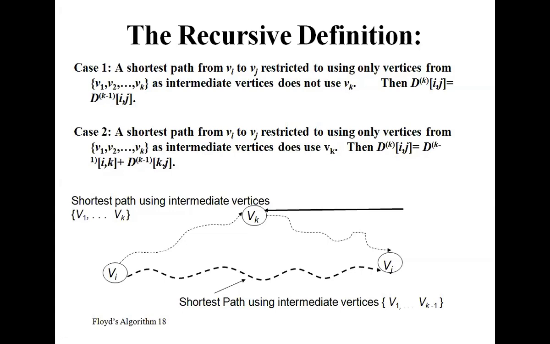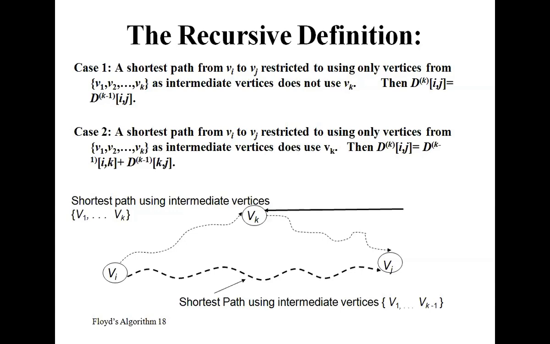Suppose when you consider the path from Eluru to Vijayawada, in between there is Hanuman Junction. So what we are doing? The distance from Eluru to Hanuman Junction plus the distance from Hanuman Junction to Vijayawada.